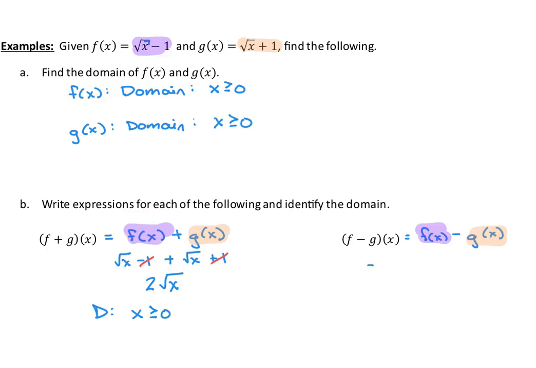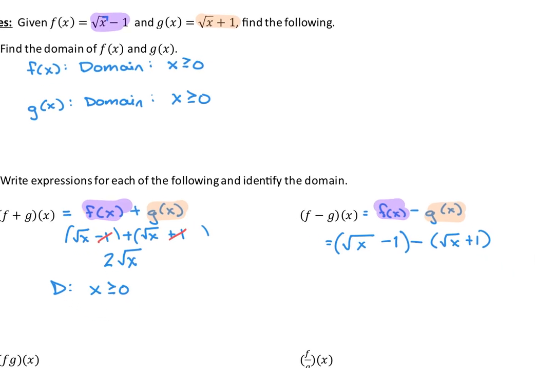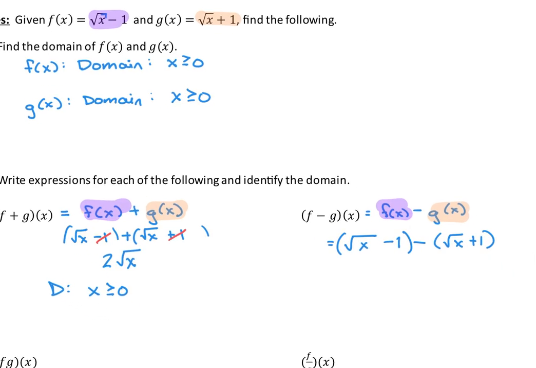And so when we do this, we get the square root of x minus 1 minus the square root of x plus 1. And we do want to make sure that we are subtracting the entire function. And if you want, you can put parentheses around both of these, always just to make sure that you know exactly what we're working with here.